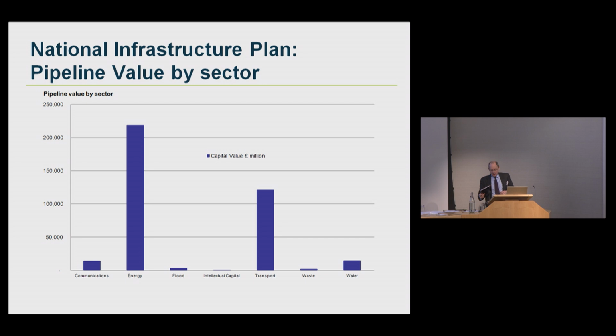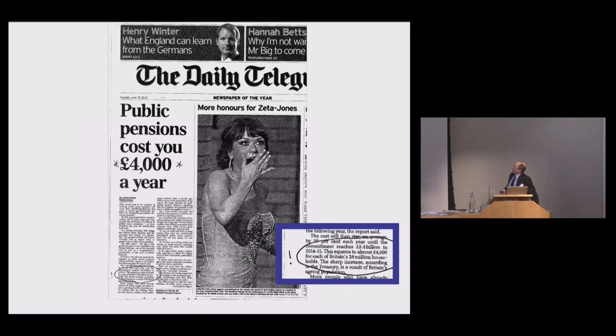Now, as well as thinking about presentation, we also have to be aware that in the presence of quantification, we are in the presence of the temptation to error, and error where frequently the national media will lead on. This is from 2010, the main headline on the Daily Telegraph that day.